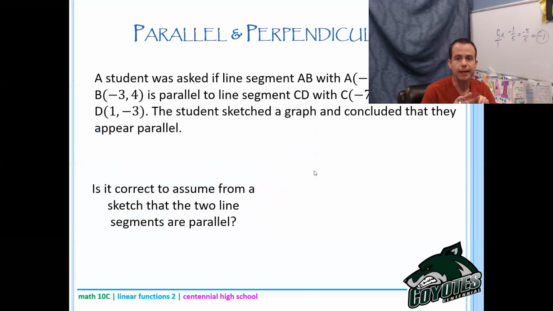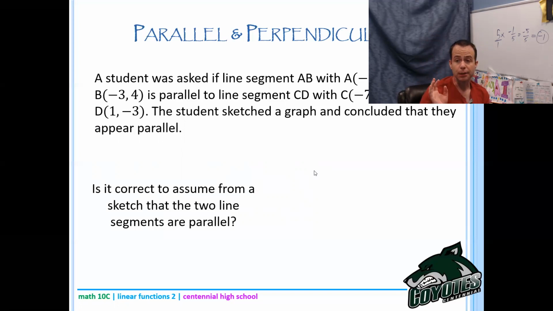Okay, a student was asked if line segment AB with A (-9, 2) and B (-3, 4) is parallel to line segment CD with C being (-7, -7) and D being (1, -3). The student sketched a graph and concluded that they appear parallel. Is it correct to assume from a sketch that the two lines are parallel?